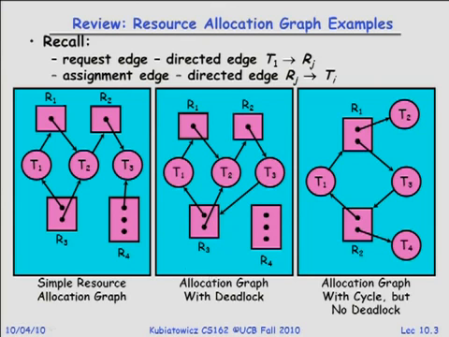Now, how can you tell whether there's a deadlock or not here? What do you have to do? Yeah. Remove the threads that can finish, and then what? Well, you skipped a step. Remove the threads that can finish.